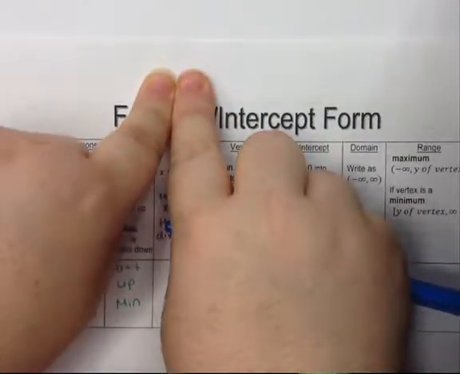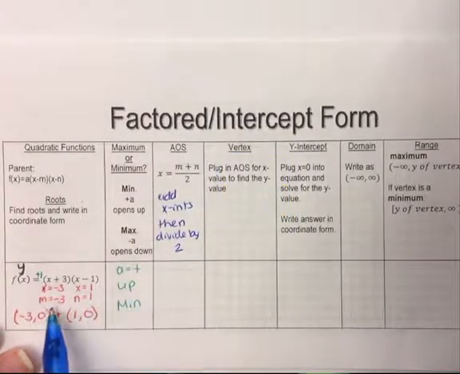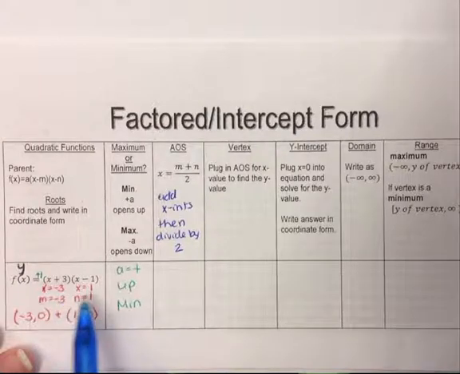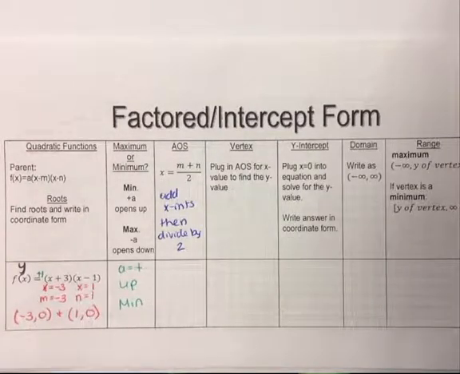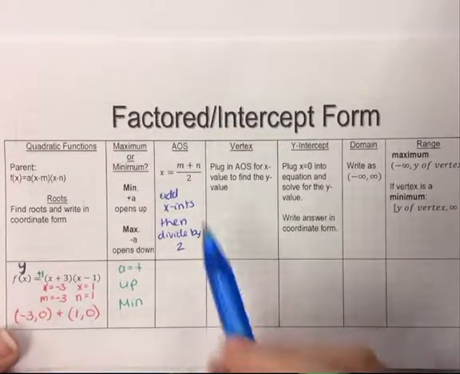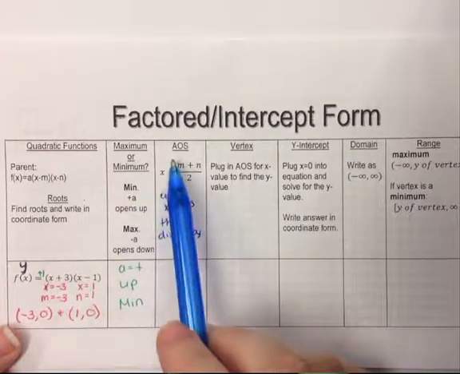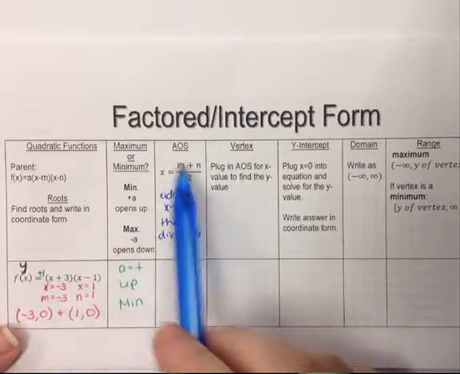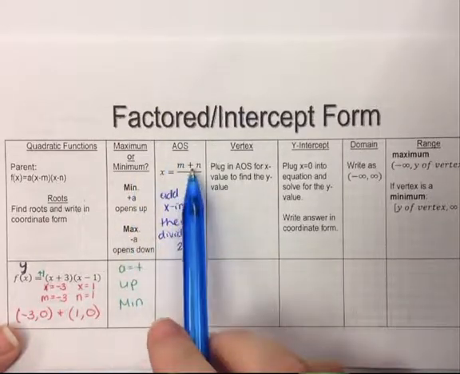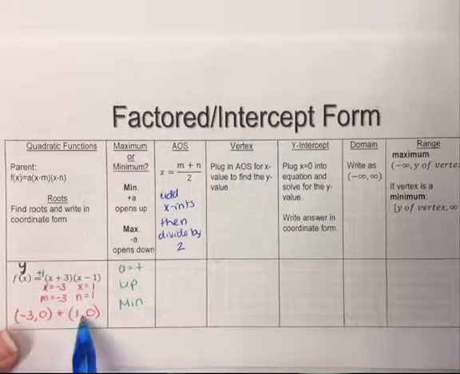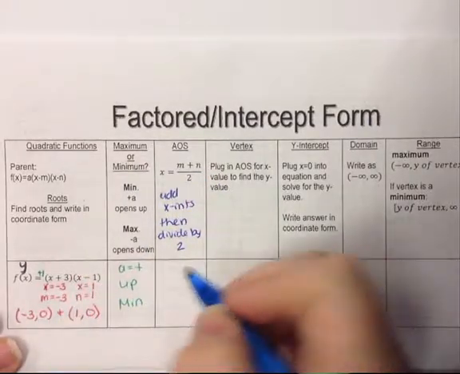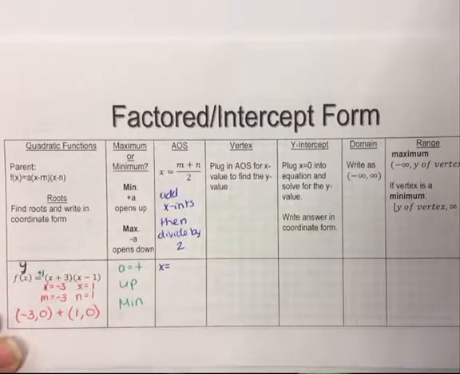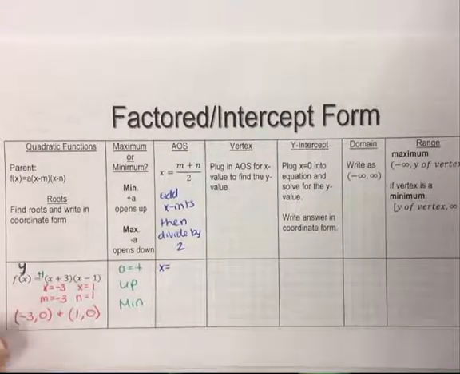So if we think about it, we have -3 and 1 as our two values. That's where it's going to cross on the graph. So what value is between -3 and 1? To do that, we use the midpoint, which is x plus x divided by 2. Our x's are the m and n, which is what we're using for this video. We're using m plus n because those are our two x-intercepts. So we take x equals, because our axis of symmetry is always an x equals, our vertical line.